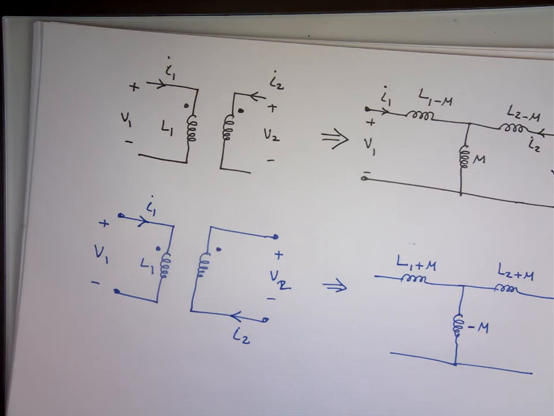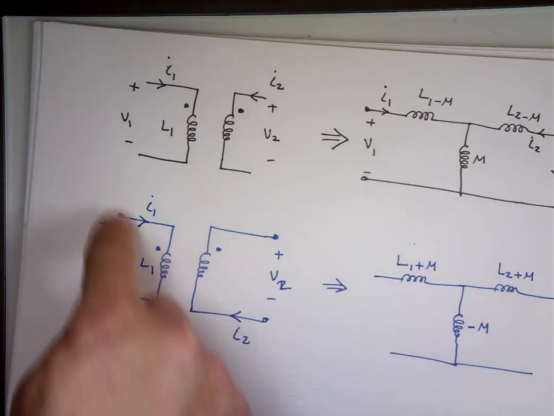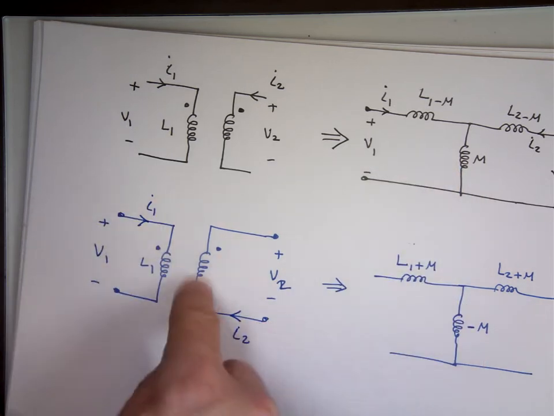It makes sense, because what if the dots were in opposite coordinates? Doesn't matter. You do the current change. If both currents enter the dots, I don't care where the dots are, that's your equivalent. If one enters the dot and the other one does not enter the dot, that's your equivalent.